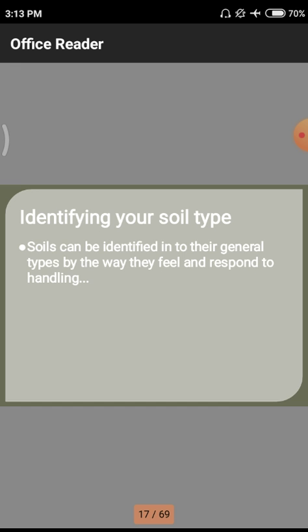Before constructing or implementing any of these ground improvement techniques, we need to have a proper vision of that particular area.